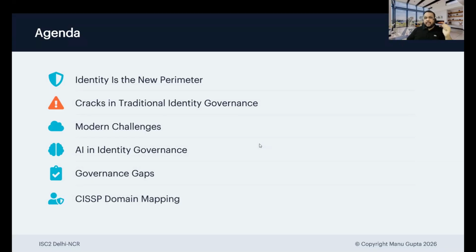Then how AI is both a solution and a new risk. We'll talk about governance programs, why they struggle at the leadership level. And then, if time permits, we'll tie it all back to the CISSP domains. And then we can open it for questions. During the course of this talk, if there are questions, feel free to drop them in chat and we can discuss them.